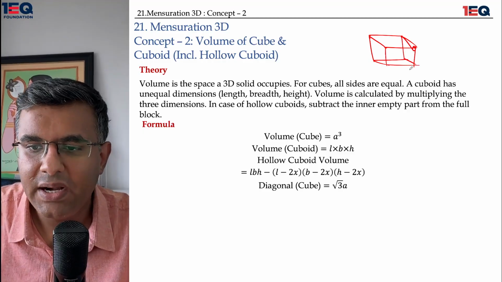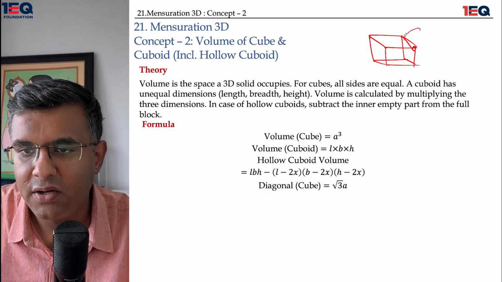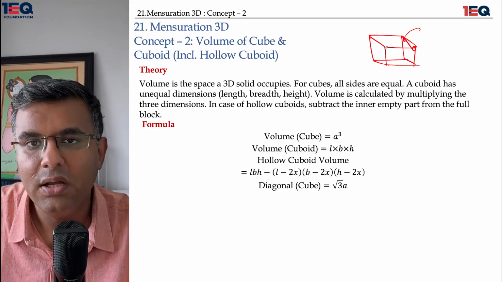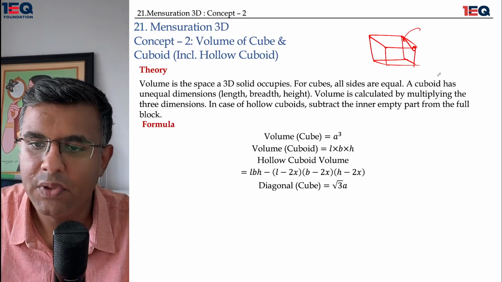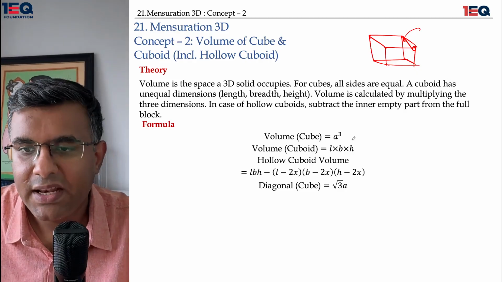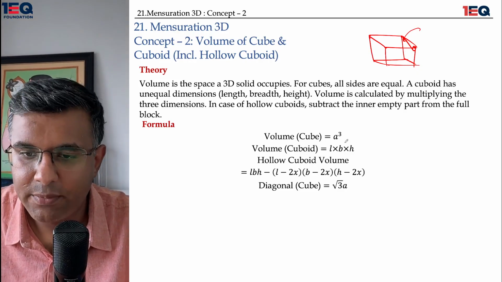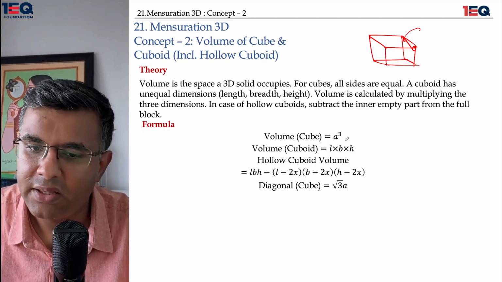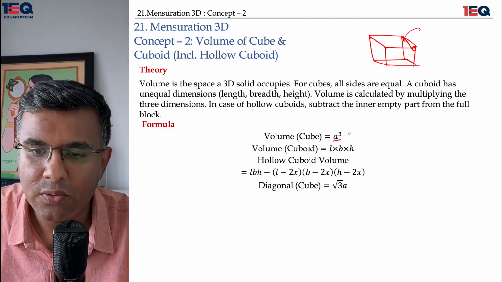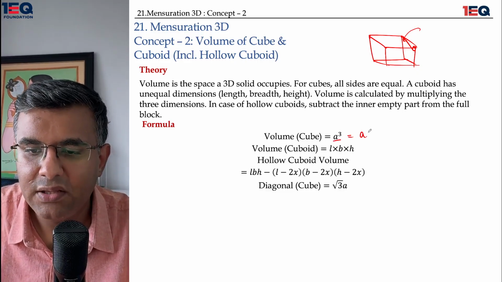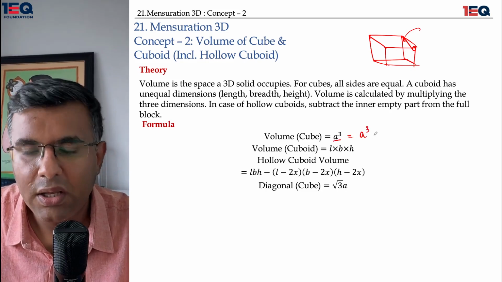So you may fill it with water, you may fill it with air. Just to find out the capacity, we use the term volume. So volume is calculated by multiplying all the 3 dimensions together: the length, breadth, and the height. In terms of cube, the length, breadth, and height are equal, which is equal to the side of the cube. That is why the volume of a cube is called a cube.